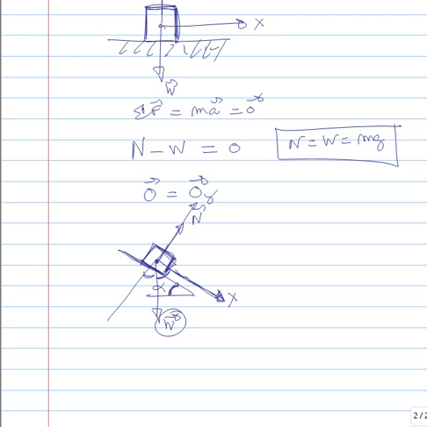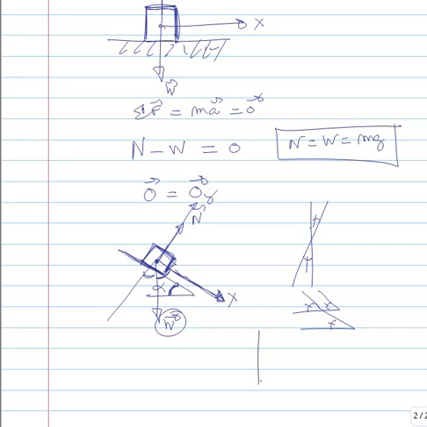So let's summarize most of the possibilities that you will see. If you have two lines intersecting, this angle is the same as this angle. If you have this, this angle is the same as this angle, is the same as this angle.